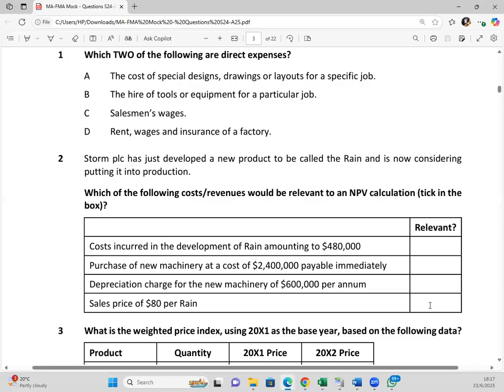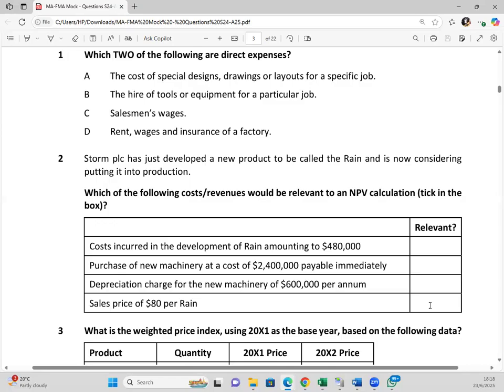Then selling price of $80 per Rain. This one is a future item, because the selling price is not something that we have incurred in the past. It's what we are going to be selling at. So we can consider it, because if you're calculating net present value, you want the costs against the revenues.